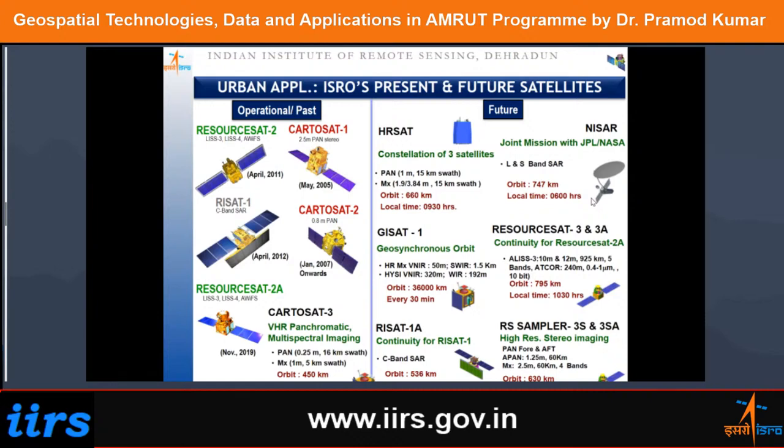In the times to come, we are going to have a plethora of satellites which will be launched by ISRO or other agencies in the world. And these will be HRSat, NICER, GISAT, and the upcoming sensors within the ResourceSat series or the RISAT, etc., which will be able to sense the Earth surface and urban areas.